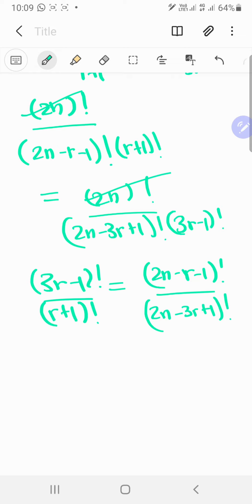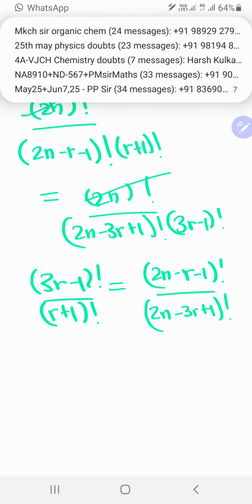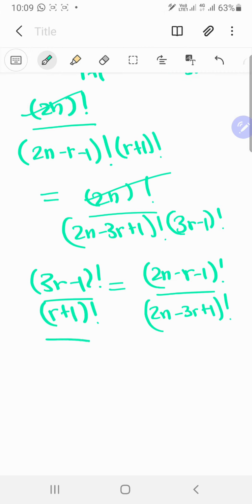So maybe we can solve this using inequalities, using the fact that this is an increasing function in n. After a certain point you won't get any solutions, because the value of 2n minus r minus 1 factorial upon 2n minus 3r plus 1 factorial will be very big compared to this left hand side, and then it just keeps on increasing.